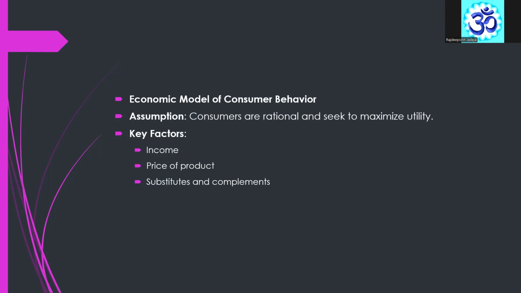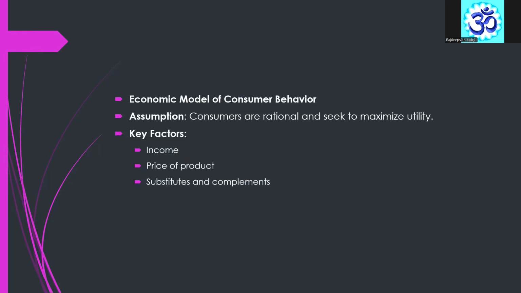Also, the substitutes and complements of a product influence consumer behavior. Say I want to purchase a diary, and the diary is a little bit costly, like 150 rupees, and there is also a simple notebook which costs only 20 to 30 rupees.